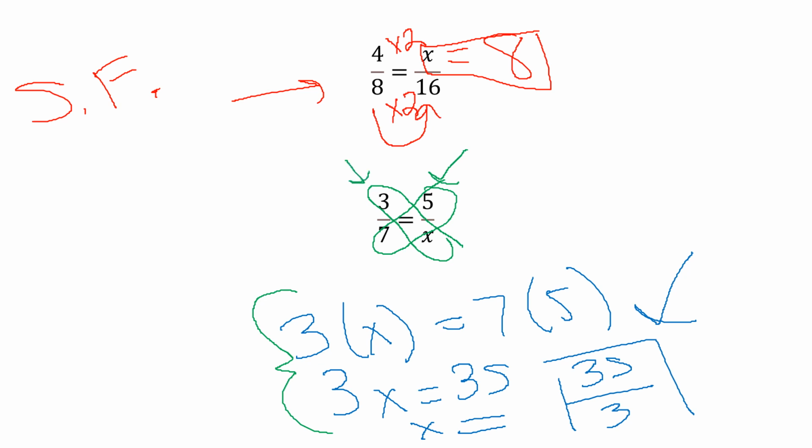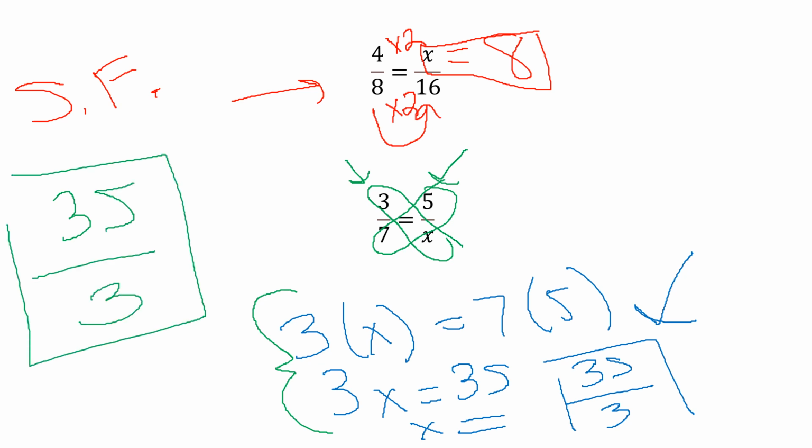One pair is going to have one number and one variable. So the quicker way is I multiply the pair, 7 times 5, which is 35, divide by the single. Multiply the pair, divide by the single. If it divides out fully, like if I had 12 over 3, that would be 4. So you can take the time to cross multiply it, or you can multiply the pair, divide by the single.